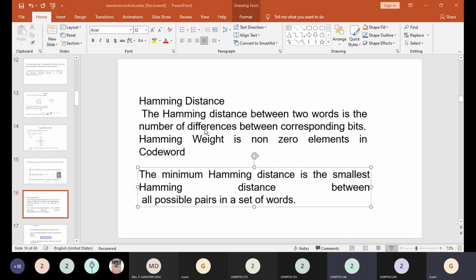In general, the code word is m of x into x power n minus k plus c suffix p of x.